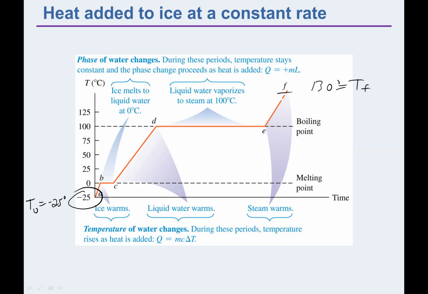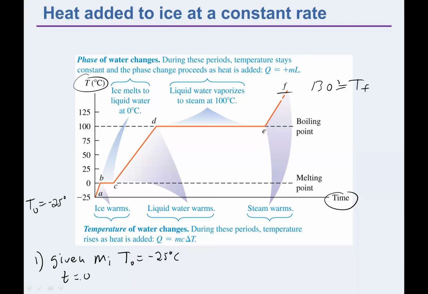So let's start with that. First, we are given an ice cube with mass M and initial temperature of negative 25 degrees Celsius. If I put it in a diagram where the temperature is on the vertical axis and the time on the horizontal x-axis, then at t equals 0, I am at negative 25 degrees Celsius.